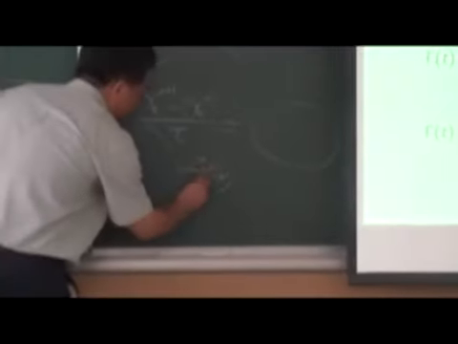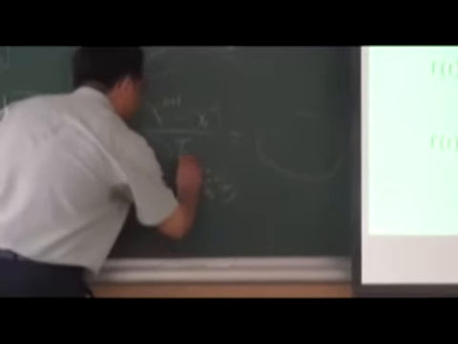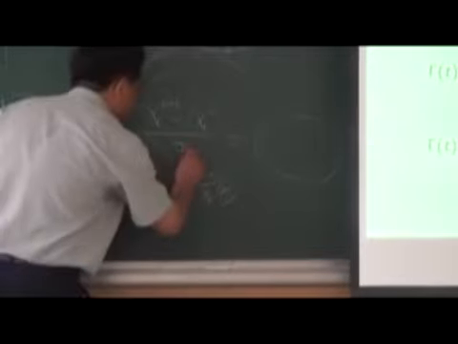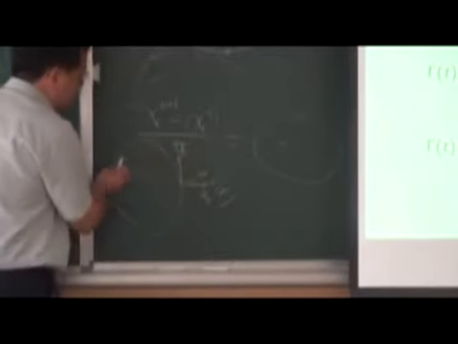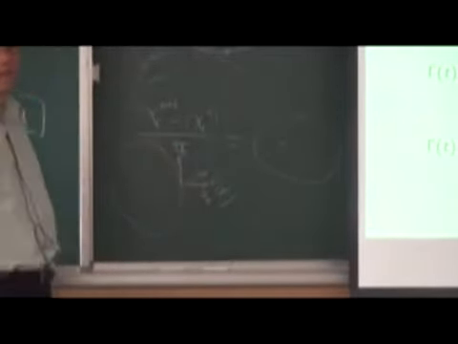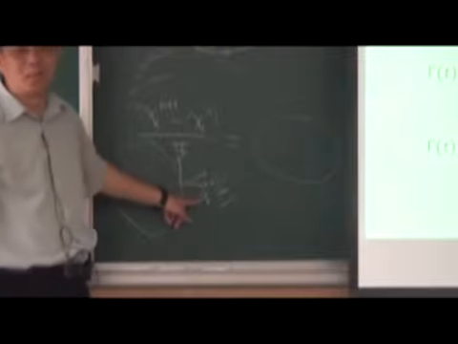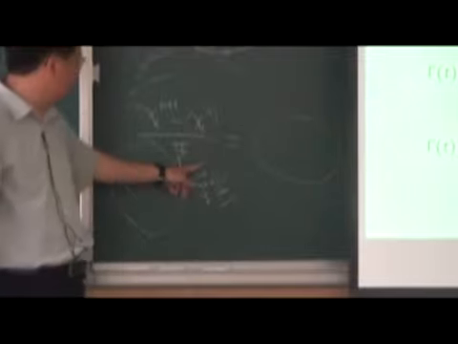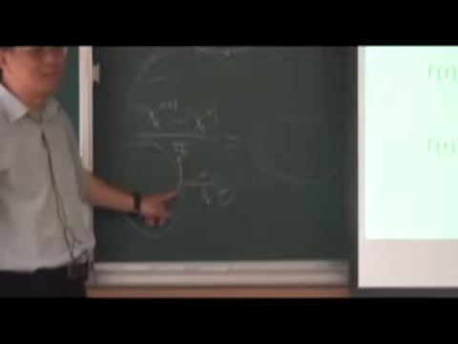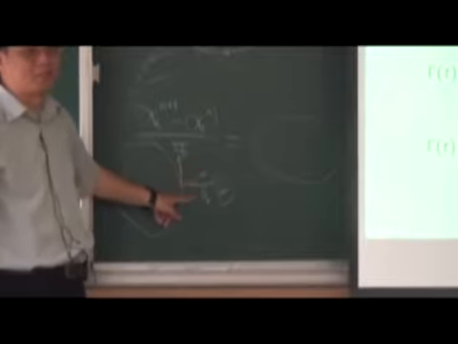So for arbitrary v, this will be v_n, and this will be v tangent. The tangent movement doesn't change the curve, right? You just make the curve run around. Only the normal velocity changes the curve. So when you give a velocity, you should just use the normal velocity to move the curve.